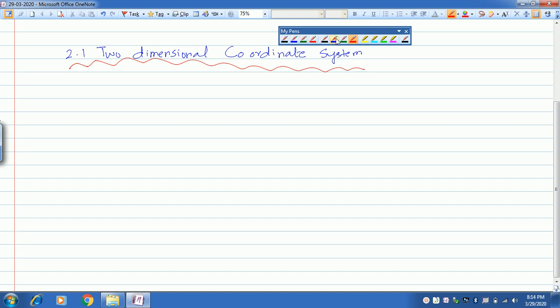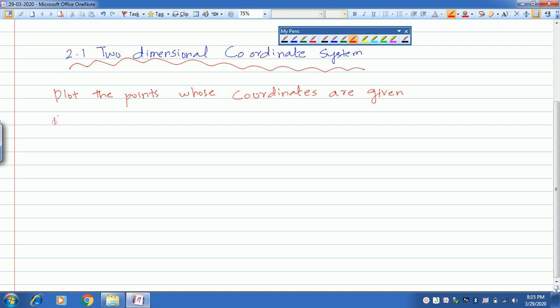Okay. Now first we have to discuss plotting, the graph. The first question: plot the points whose coordinates are given on the Cartesian coordinate.